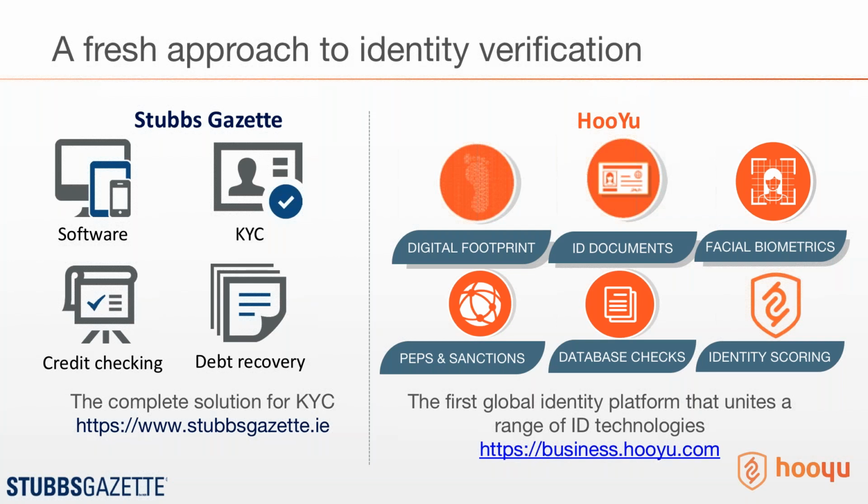And more recently, we have joined forces with HooYu, which is one of the top global ID verification companies based in London. And we've developed our capabilities with HooYu over the past 18 months. So we have a complete solution now around KYC.